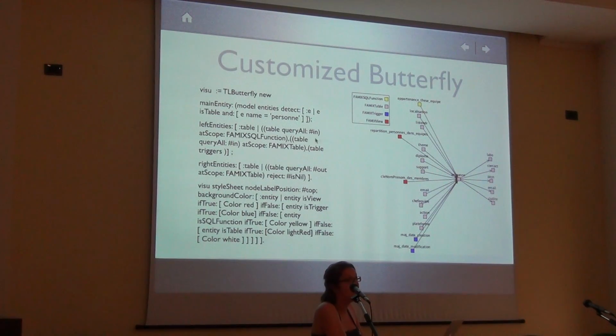As you can see here, I query all the input associations that come to the table and so on, and to the right, all the output. And here I put the color to say that it is different. And that's the only thing that I have done. All the rest is done for me. So it was very, very quick to do it.